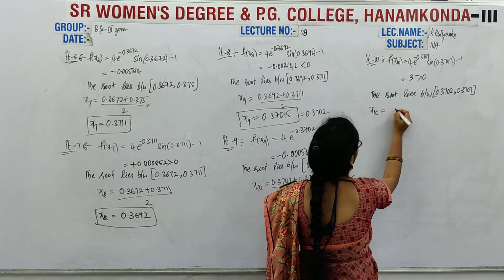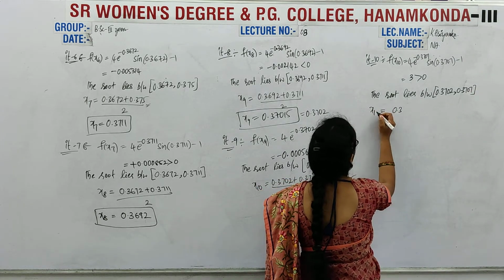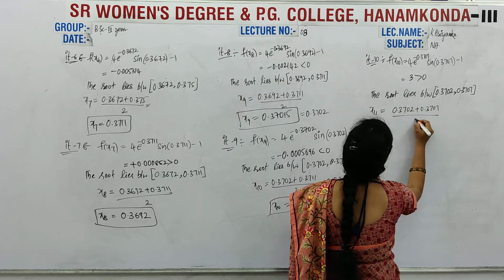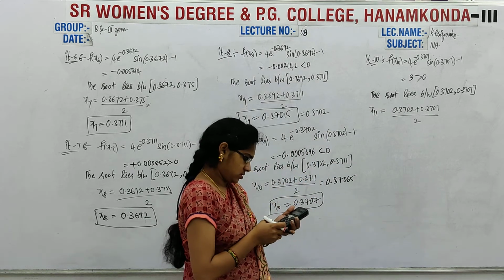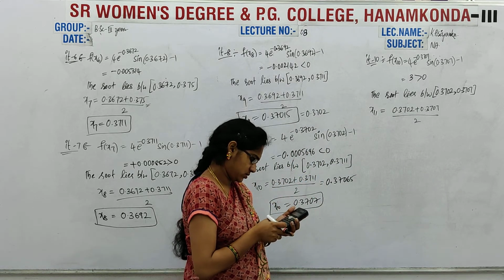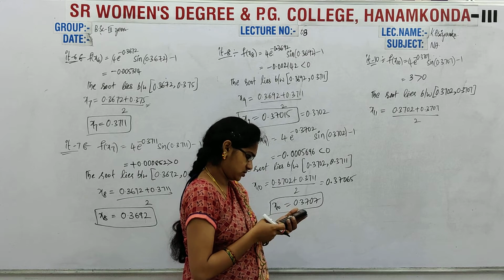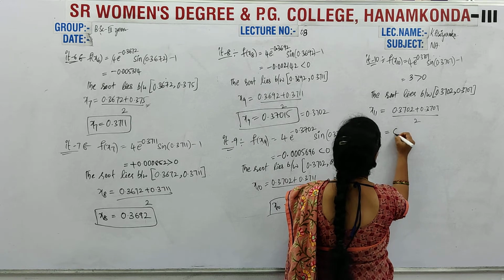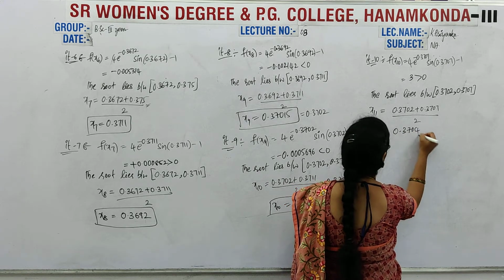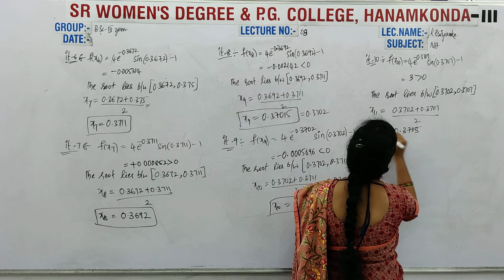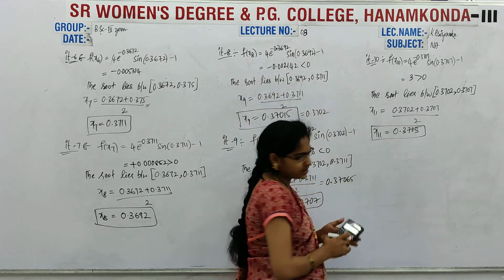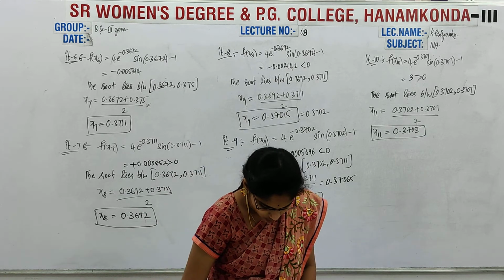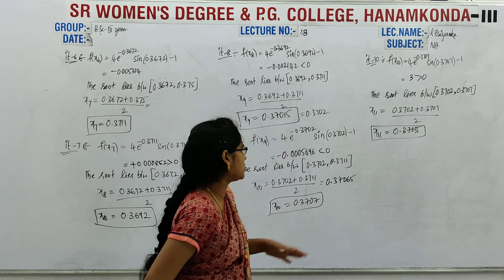Now x11 equals 0.3702 plus 0.3707 divided by 2. Now x11 equals 0.37045.